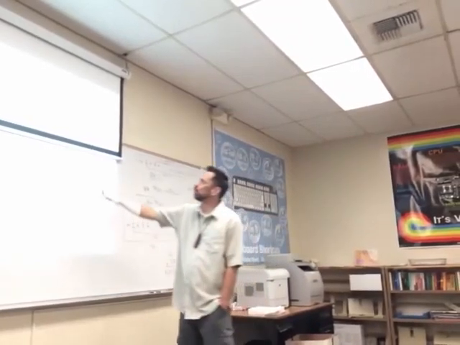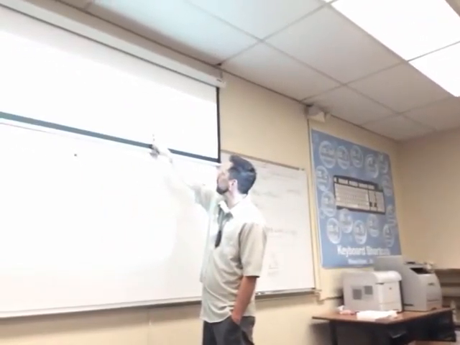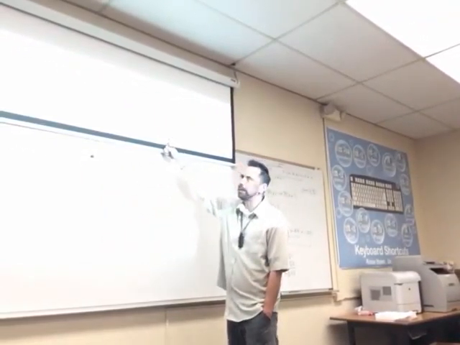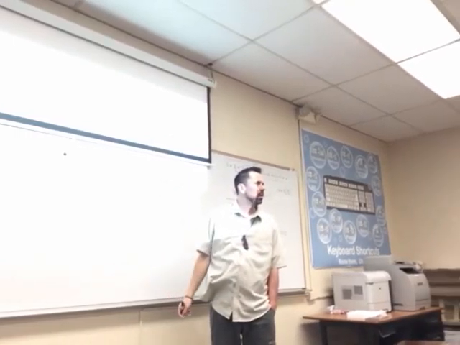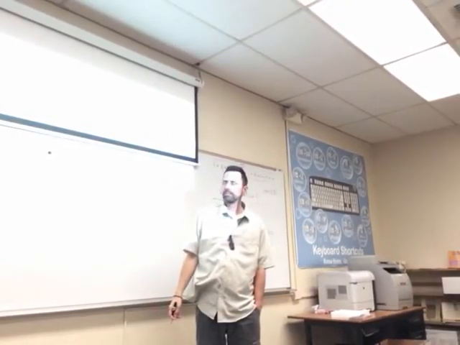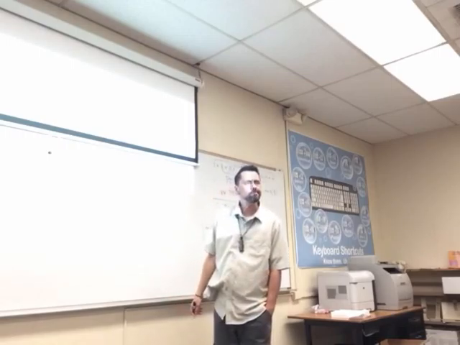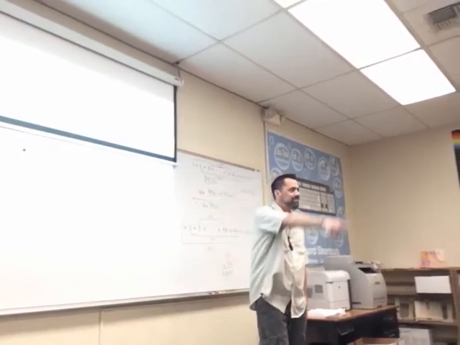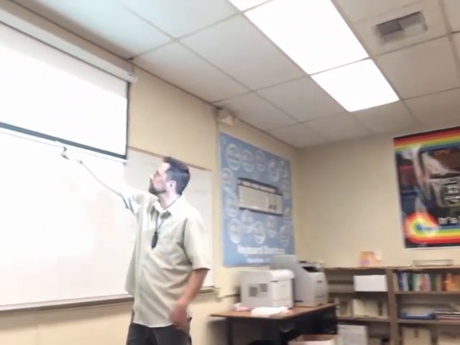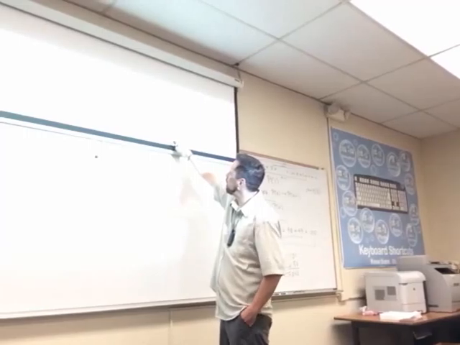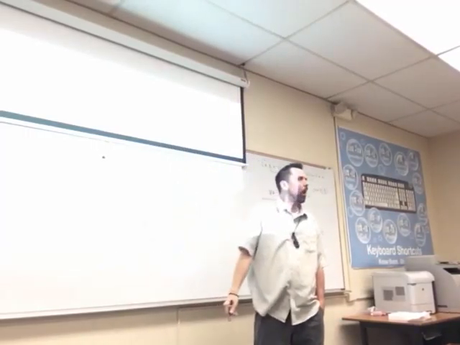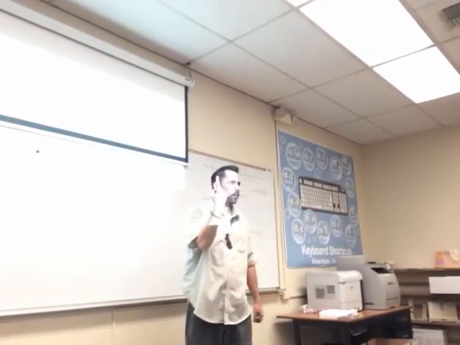So what do you think 1 plus 2 plus blah, blah, blah up to n should be when n is 1? What do you think that should be? It should be 1. It should definitely be 1. If it's saying 1 plus 2 plus blah, blah, blah up to n, and n is 1, that just means there's only one term.